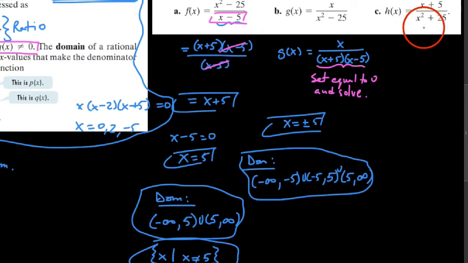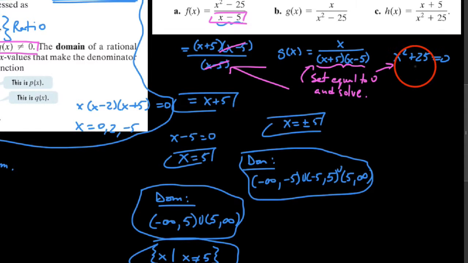For this last one, the interesting thing is that neither the top nor the bottom factors. Just because the denominator doesn't factor doesn't mean I can't set it equal to 0 and solve. So we set this equal to 0 and solve. I notice I could solve this using square roots, and when I take the square root of both sides, look what I end up with.